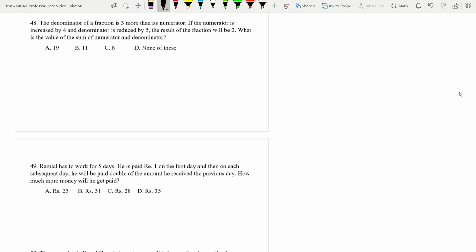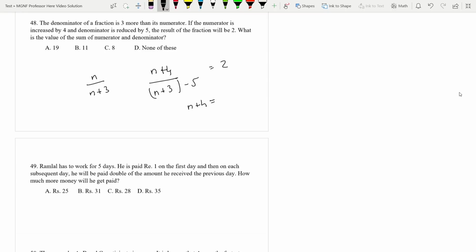Now we move on to question number 48. The denominator of a fraction is 3 more than its numerator. So n by n plus 3. If the numerator is increased by 4 and the denominator is reduced by 5, alright, numerator is increased by 4 and the denominator is reduced by 5, n plus 3 minus 5. The result of the fraction will be 2. What is the value of the sum of numerator and denominator? Okay, you have to be careful that they are asking for the sum of numerator and denominator.